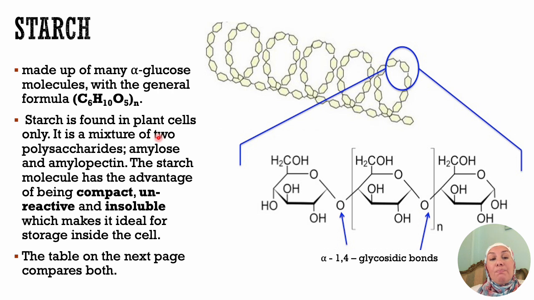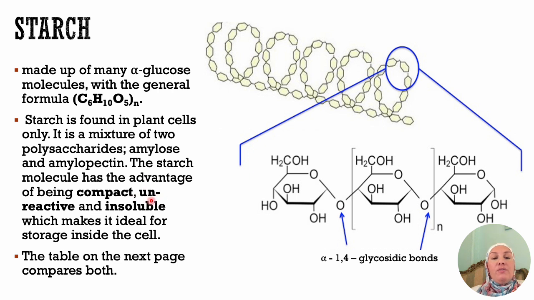So starch is a mixture of two polysaccharides. One of them is called amylose, and the other is called amylopectin. The starch molecules have the advantage of being compact. They don't take much space, which is very good when you want to store a lot of something.